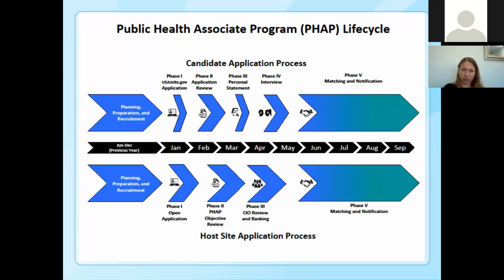After the objective review process, we go to the CIO, where applications are ranked by SMEs within the center. I will tell you, because I'm allowed to, there is an SME from DVP, Division of Violence Prevention, an SME from DUIP, and an SME from Core BIP. It's usually me for that part.